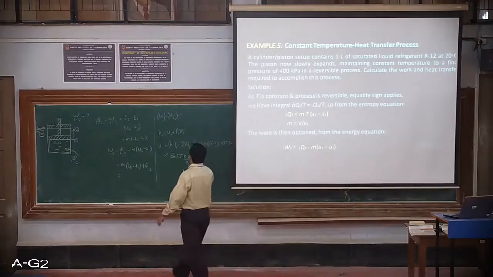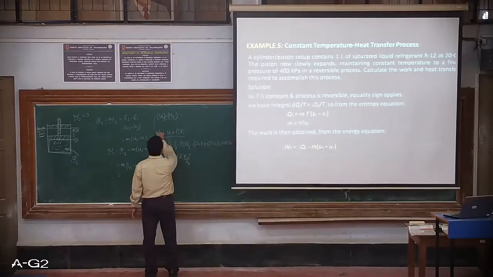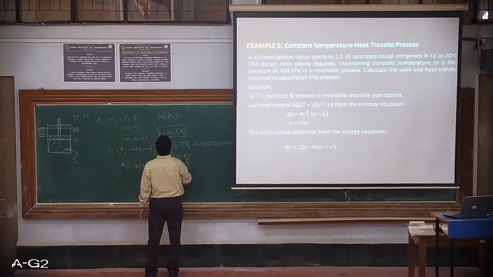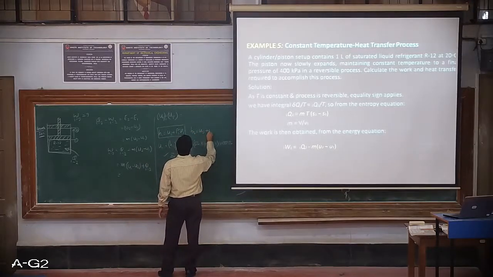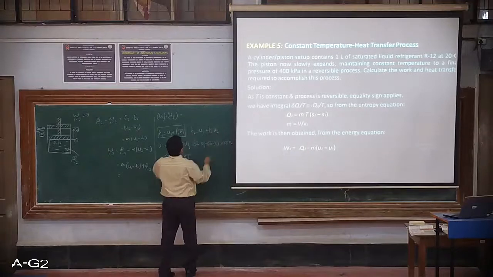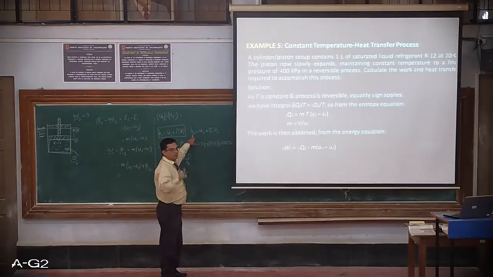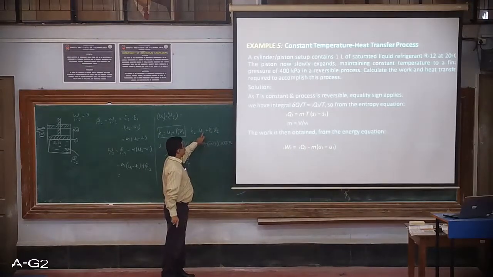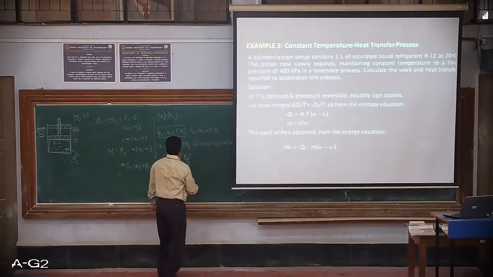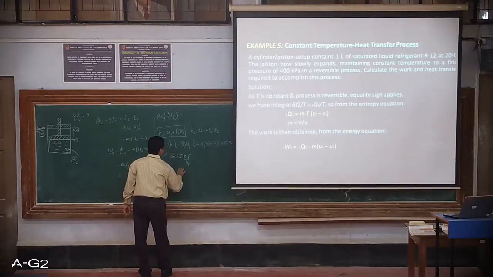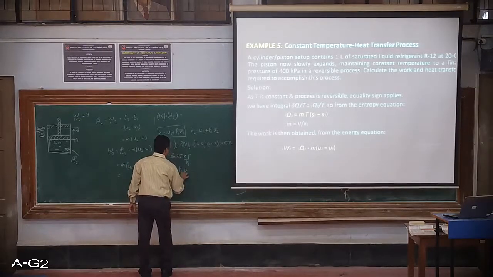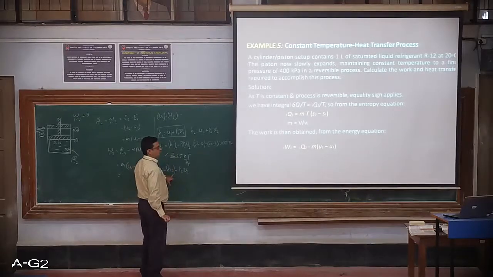In a similar fashion, as we used the enthalpy equation, we have to use the enthalpy equation again as H2 equals U2 plus P2 V2, and you have to get the value of H2 interpolated. U2 is to be calculated. Therefore, here I can write U2 is equal to H2 minus P2 V2, whereas H2 is in the superheated range.